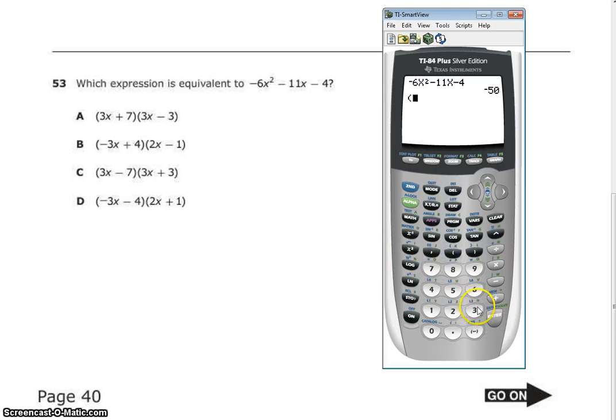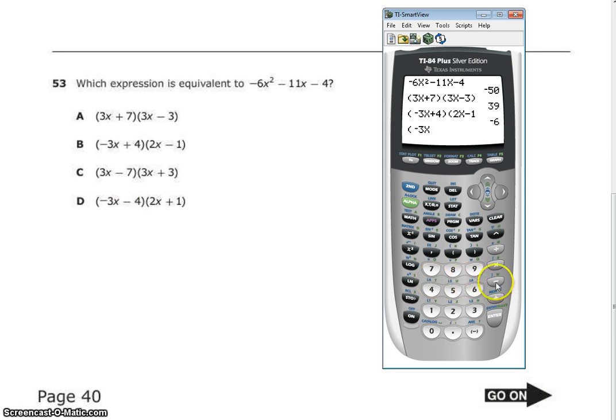So the first answer choice is 3x plus 7, close, open, 3x minus 3, close, enter. 39, that's not it. Next choice is negative 3x plus 4, close, open, 2x minus 1, negative 6, not it. Next one, I'm going to do the bottom one.